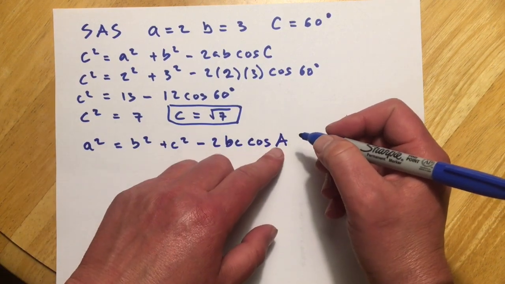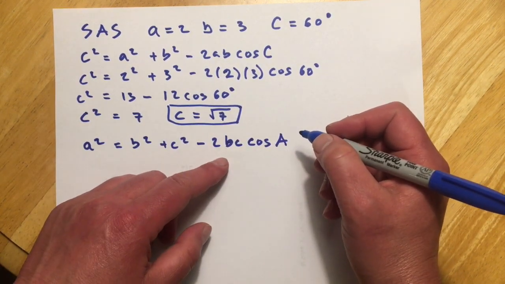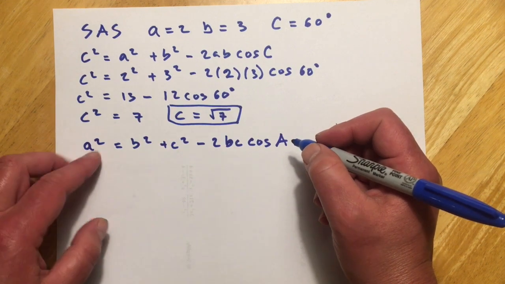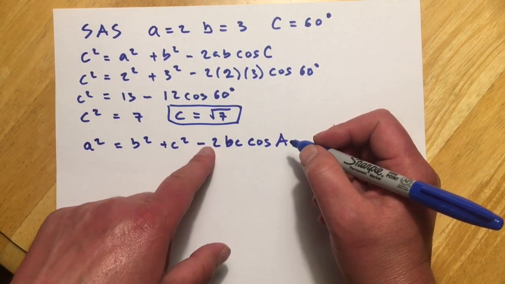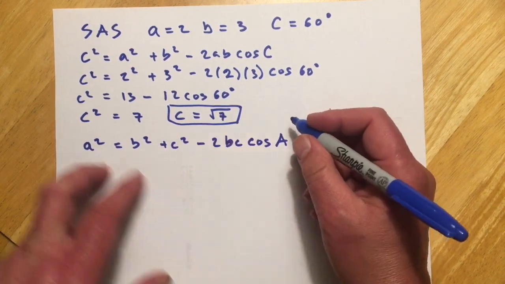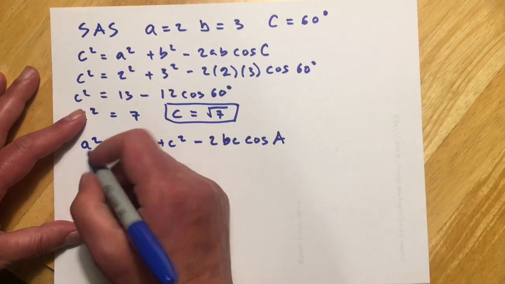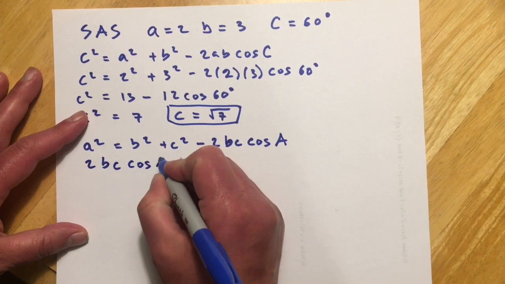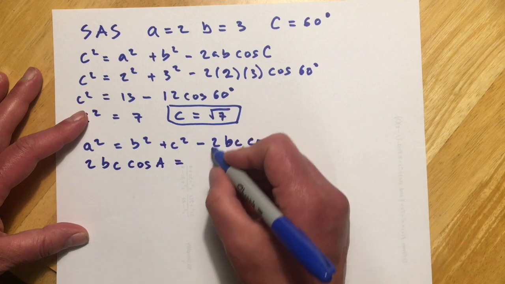What I'm trying to solve for is cosine a. I don't like this minus sign, so I'm going to bring a squared this way, and bring this whole chunk over here so it's positive, and then subtract the a squared over.